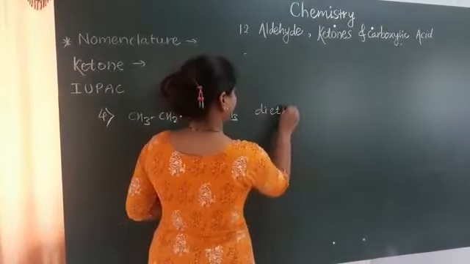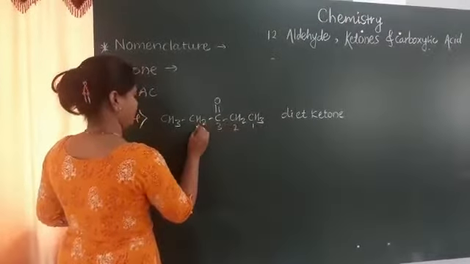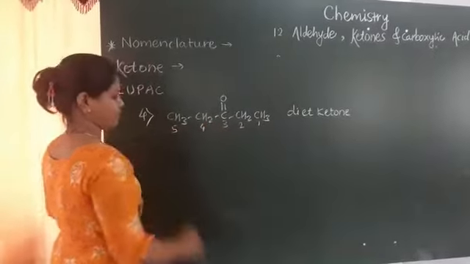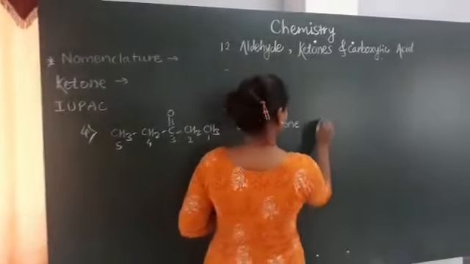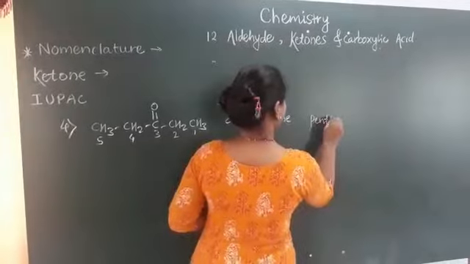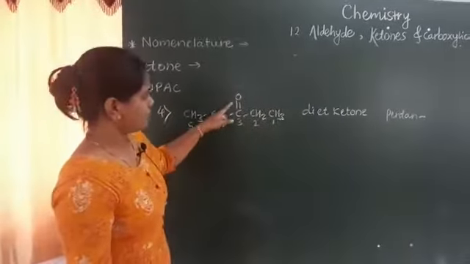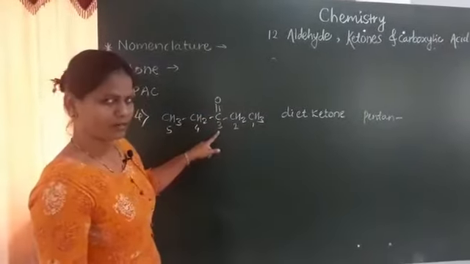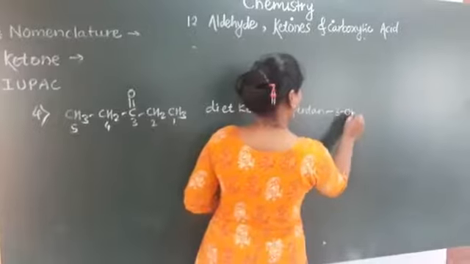And what about the IUPAC name? We have to number the carbon chain. 5 carbon atoms are there, so the root word is pentan, and the ketonic group is on the third carbon atom, so it is pentan-3-one.